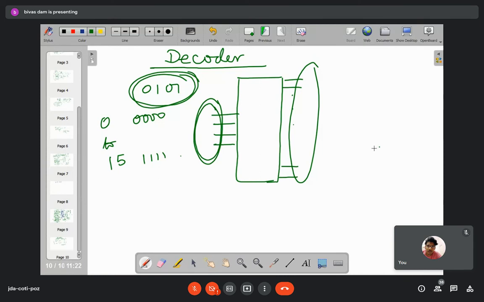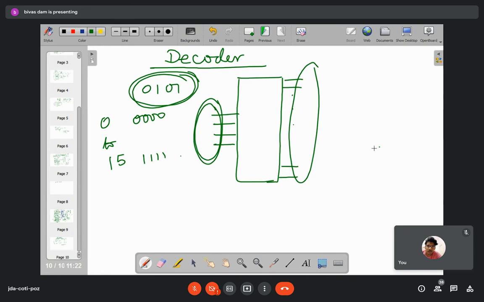Those outputs will be termed F0 to F(2^n minus 1). Here it is F0 to F15. And the primary inputs will be the encoded bits, and as there are 4 such encoded bits, they will be termed I3 to I0.